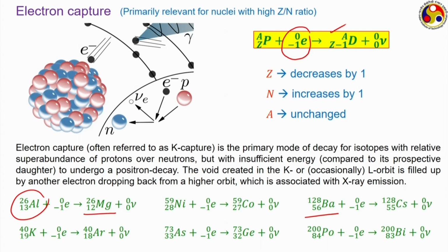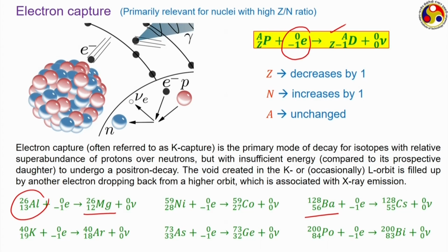And so, you have to keep in mind the difference between positron decay and electron capture. In both cases, we have conversion of one proton to one neutron. In both cases, we start with a nucleus which has an excess number of protons, and so it wants to convert one proton to a neutron. In both cases, we finish up with a daughter nucleus which has more neutrons compared to the parent.